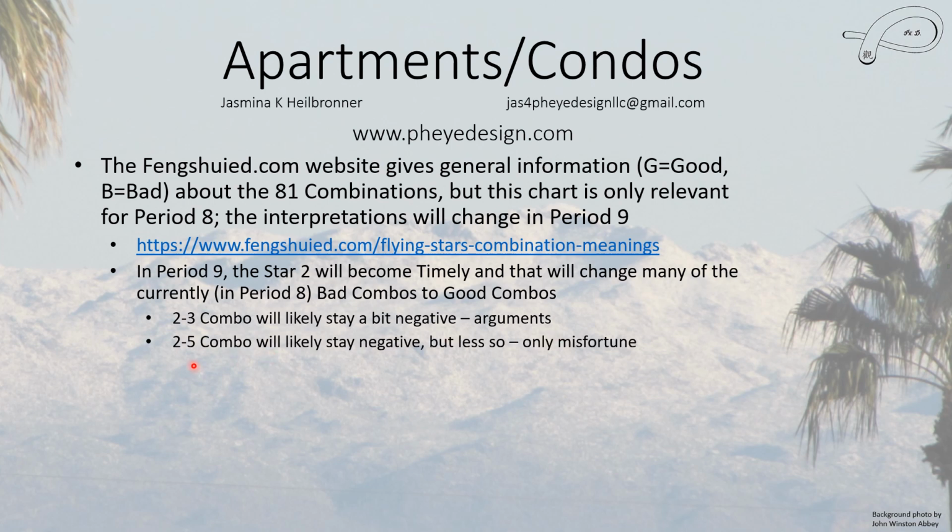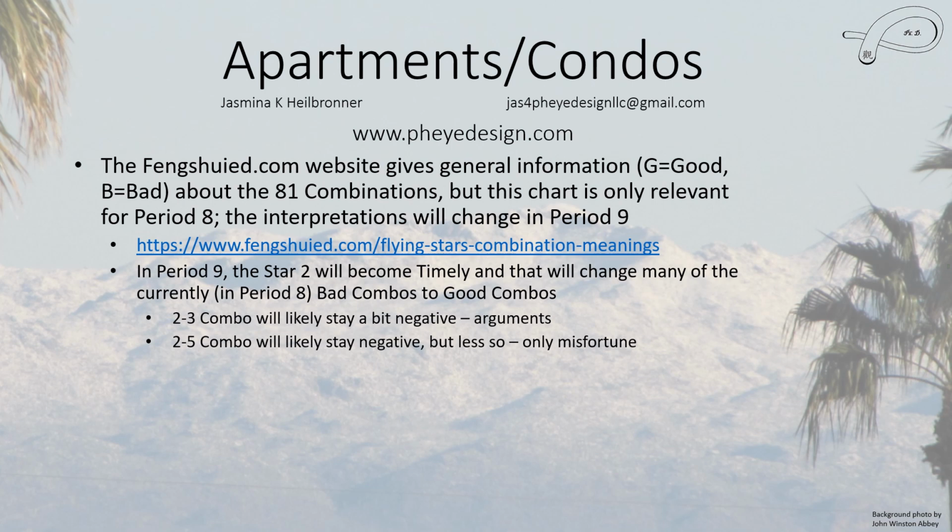But the 2-5 combo will likely stay negative. 2-5 now means illness and misfortune, but next year it'll basically go to just misfortune. But when you try to tamp down the 5 with metal, you also tamp down the 2.